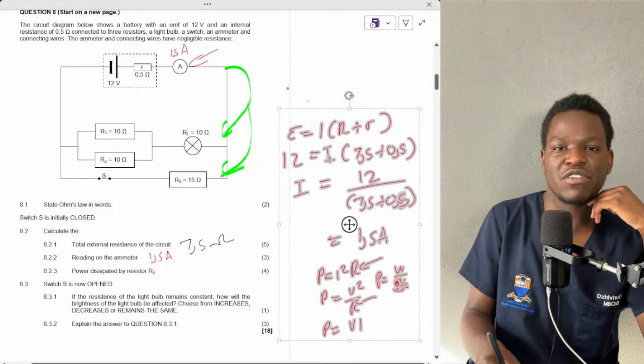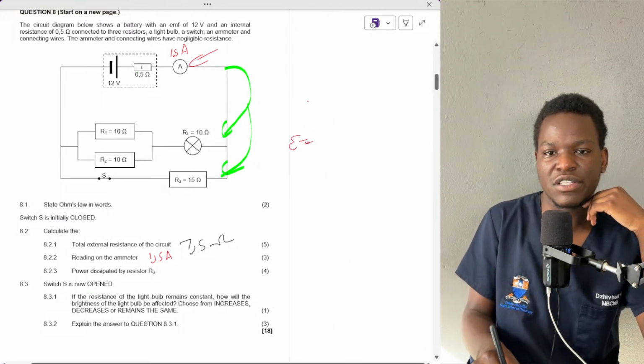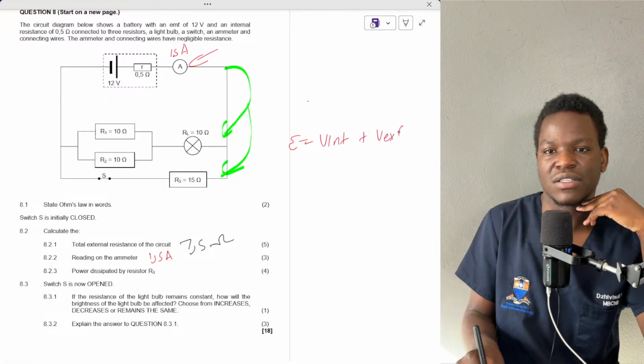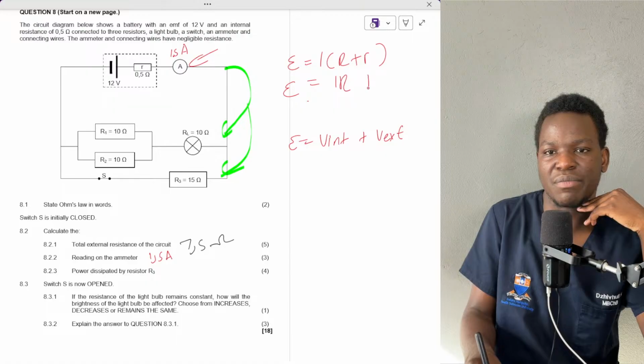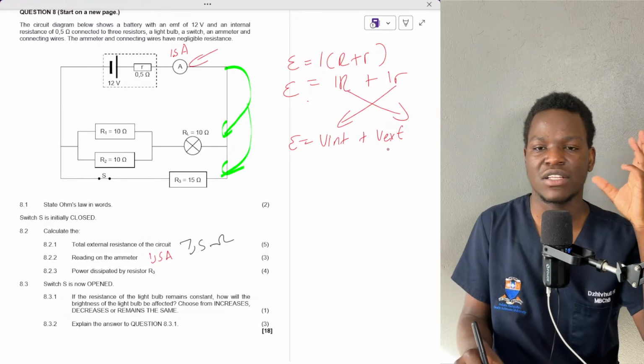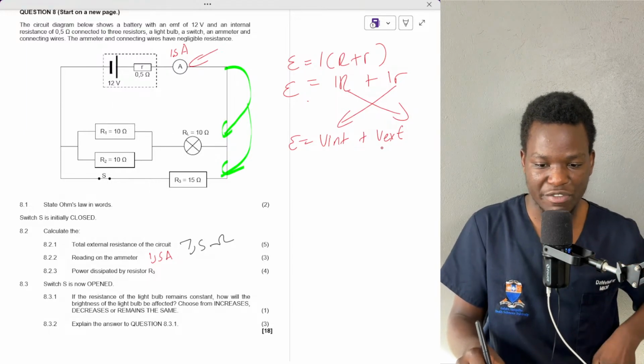EMF is made of two things: V internal plus V external. It's just the formula we were using here, EMF equals IR plus Ir. We multiply the current by each, and this is our V external, this is our V internal. That's what our EMF is made of.